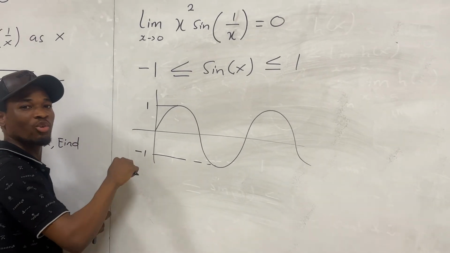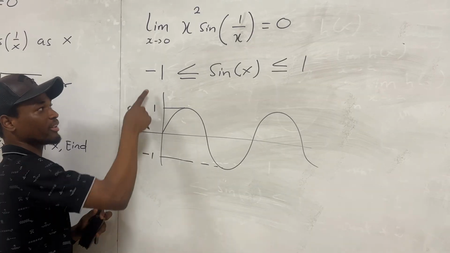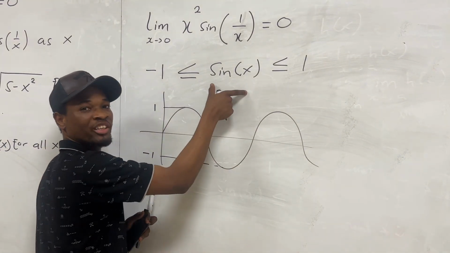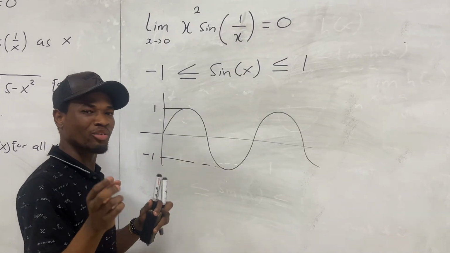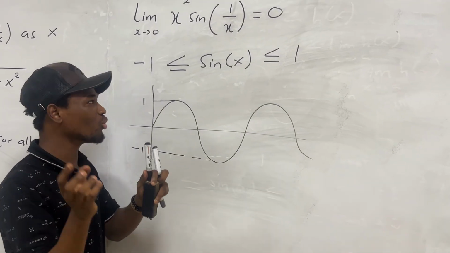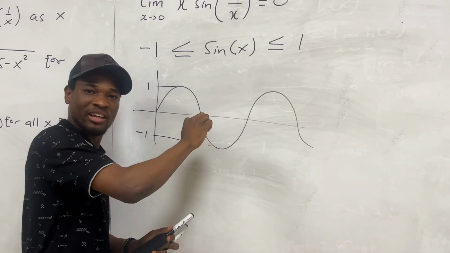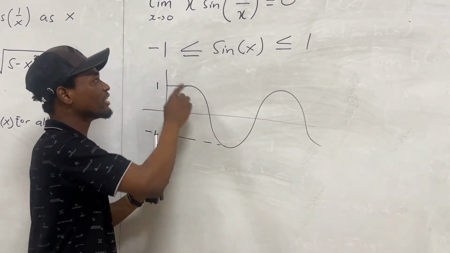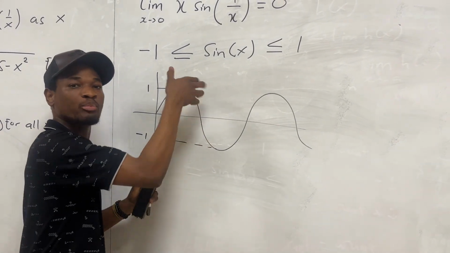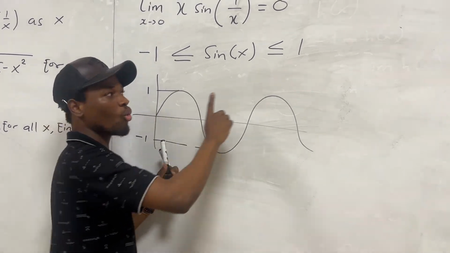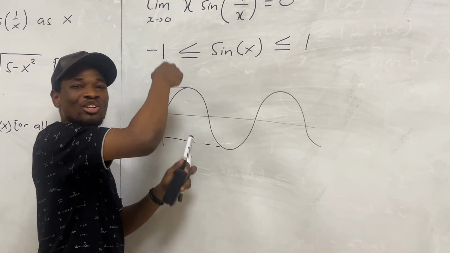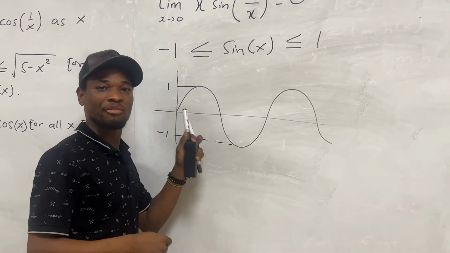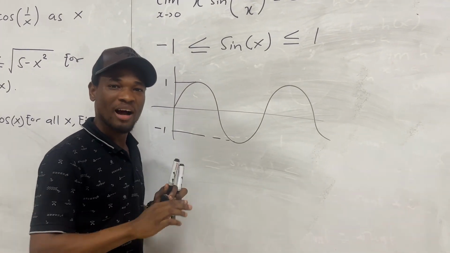So I write the inequality statement. No matter what value you insert into the function, the output cannot go beyond 1, and it cannot go below -1. As simple as that.